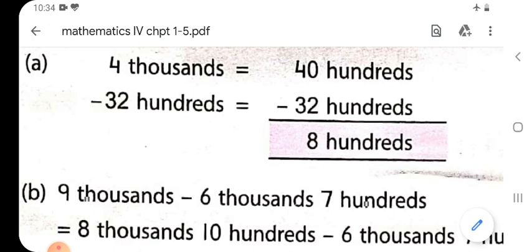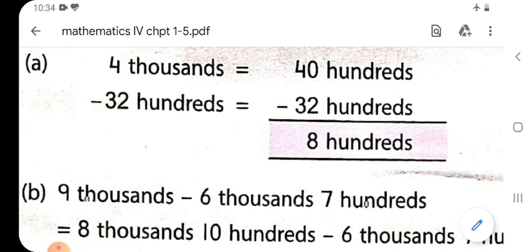So first we will convert thousands into hundreds, and only after that we will subtract. We can't do the calculation without converting the bigger unit into the smaller.